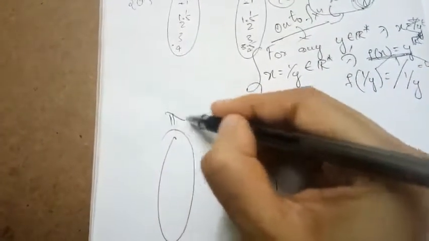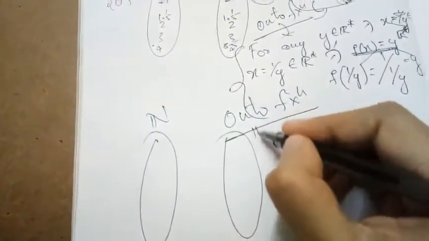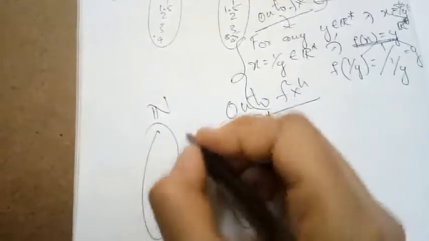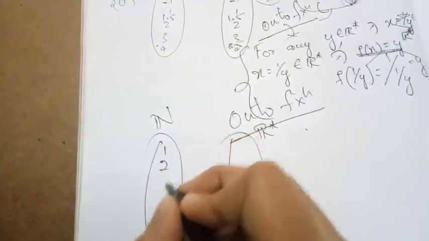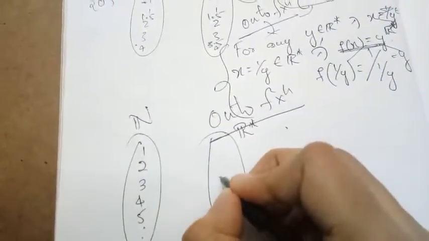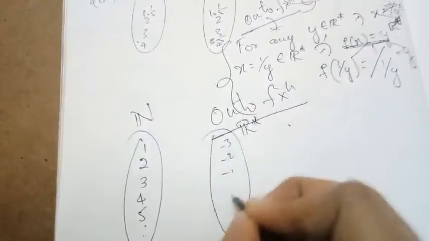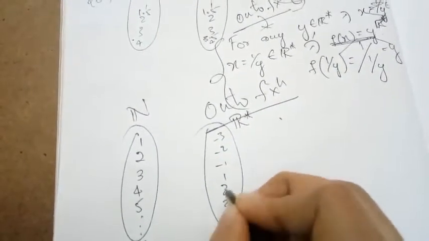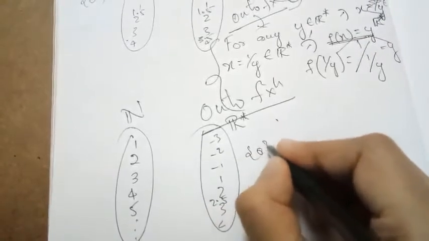Now our domain is the set of natural numbers, and the codomain is R star itself. So our domain is 1, 2, 3, 4, 5 and so on. Our codomain is again the same: -1, -2, -3, 1, 2, 3, 4. To feel it as a real number, I will write one decimal number. 0 is not included, it is excluded.